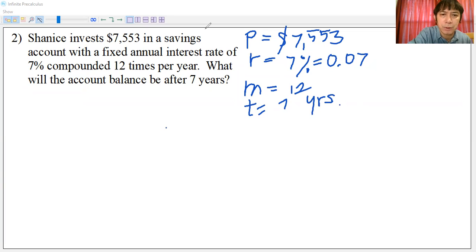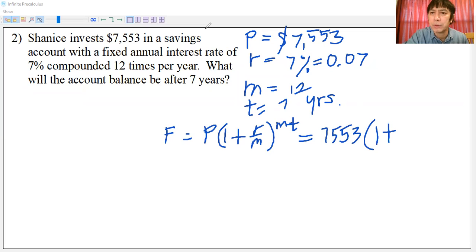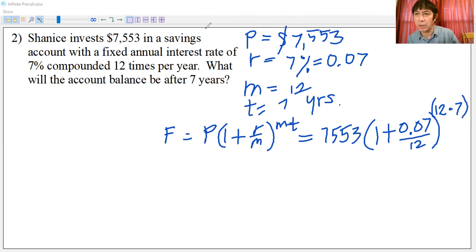Okay, let's go back to the formula. F is equal to P times the quantity 1 plus r over m raised to the product of m and the time. All right, so direct substitution, our P is 7,553 times the quantity 1 plus 0.07 over 12 raised to the power the product of m and t. 12 times 7, that will be 84, right?